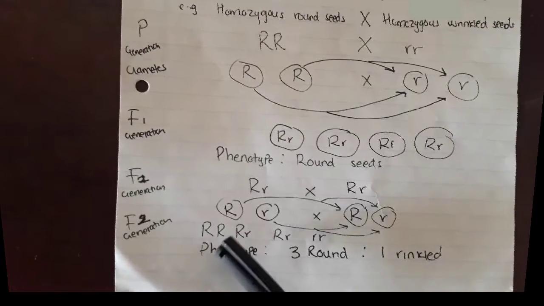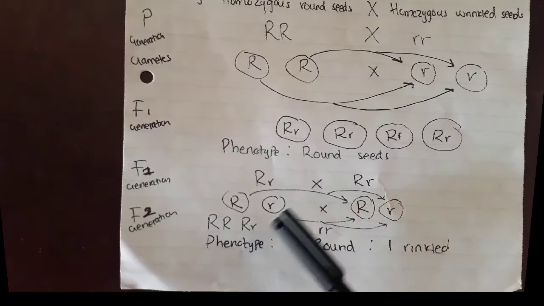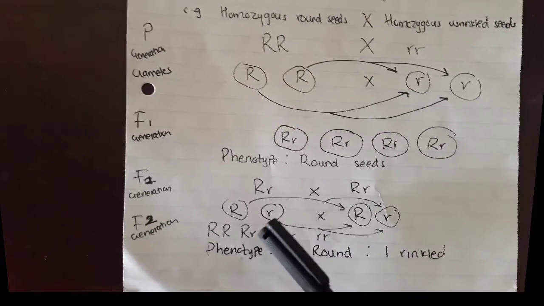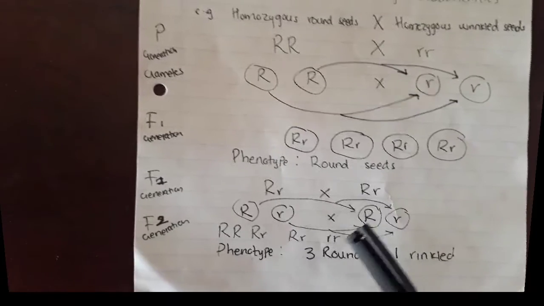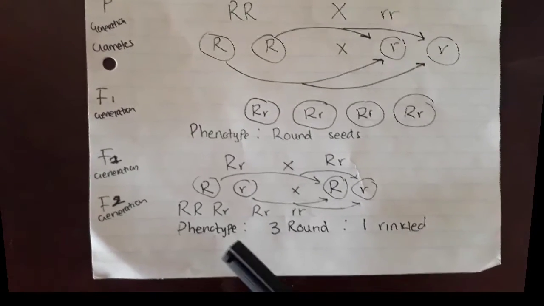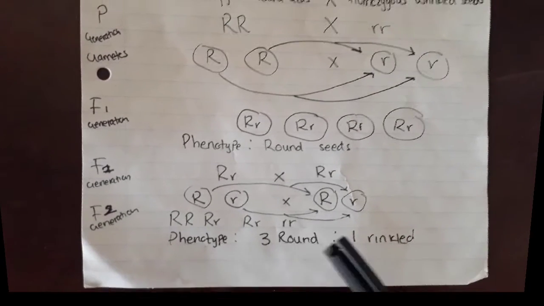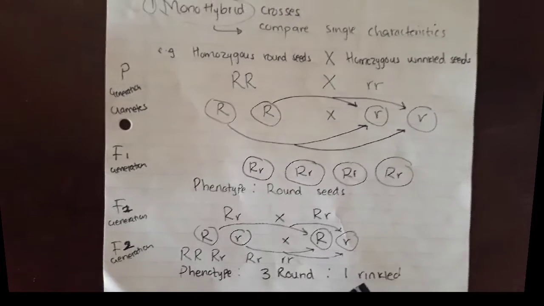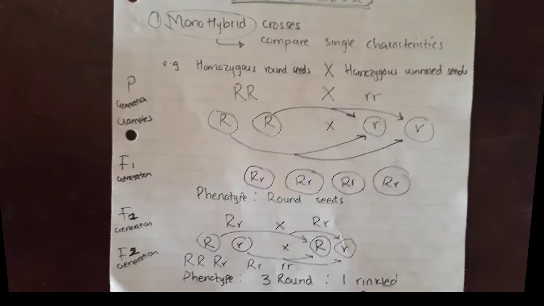Then for the F2 generation, these are the genotypes that we get. And since we have three genotypes where we have a dominant letter R, the phenotype of the F2 generation will be 3 round and 1 wrinkled for the small letter rr.